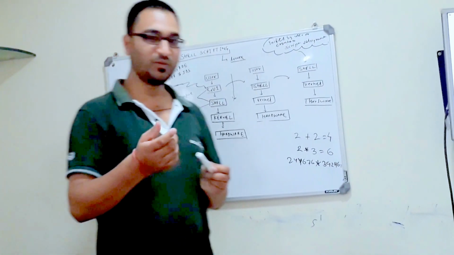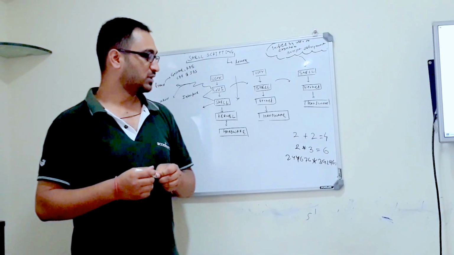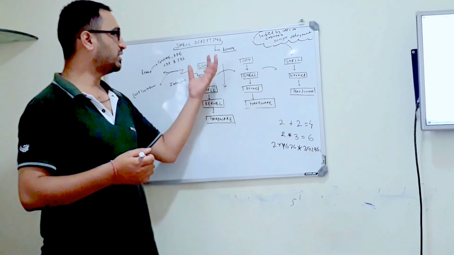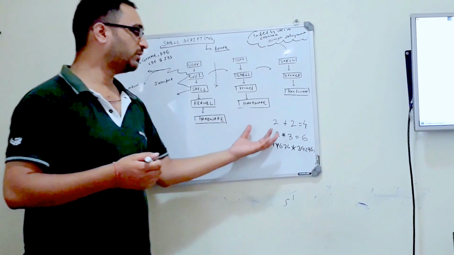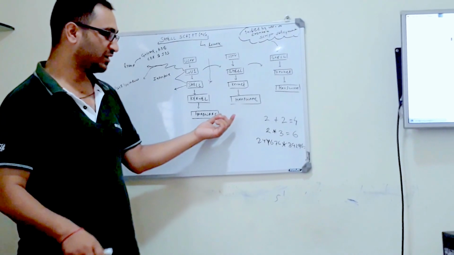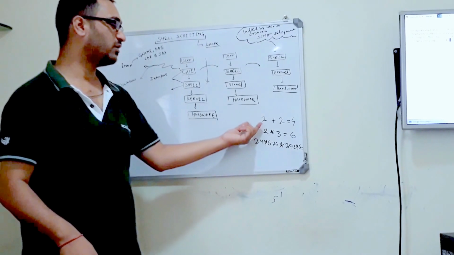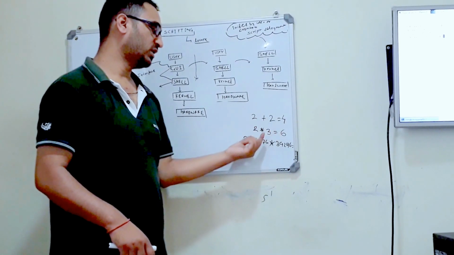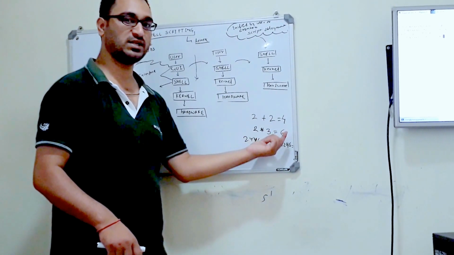So my question is, why are you taking time to answer? Let me explain this, and then we'll come to the scripting part, so that we understand the purpose and the logic of shell scripting. When I give you this query, you say its answer is 4, and 2 into 3, its answer is 6. How?